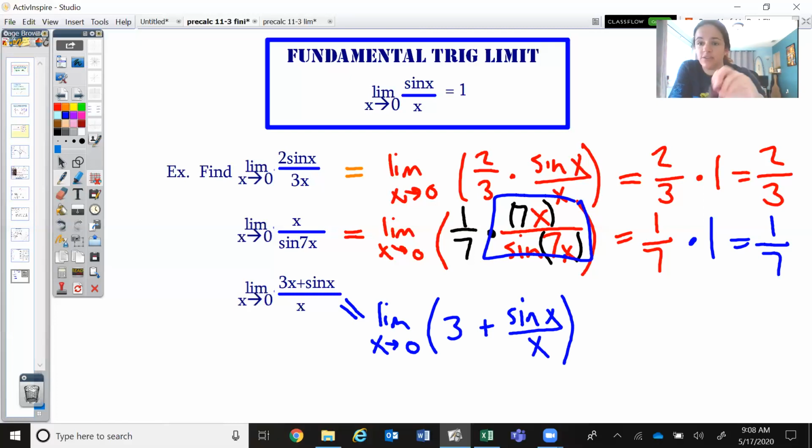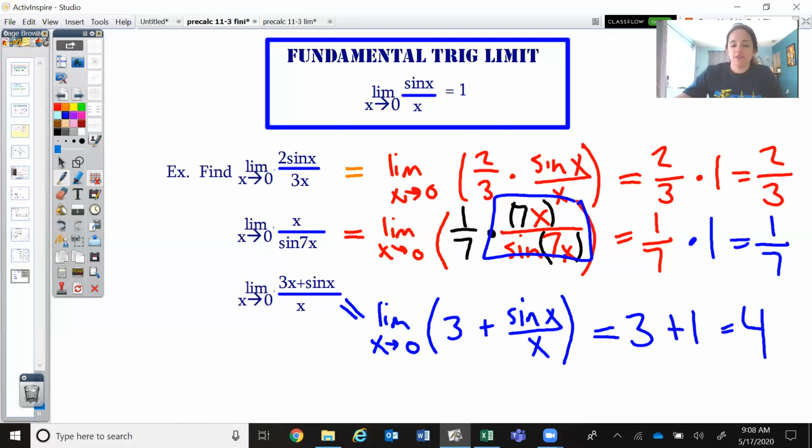And then I can use the property of limits that says that I can add the two limits. So the limit as x approaches 0 of 3, again, 3 would just be a horizontal line, and so that limit would be 3. And then the limit as x approaches 0 of sine x over x is 1, and then that would give me a limiting value of 4 there.